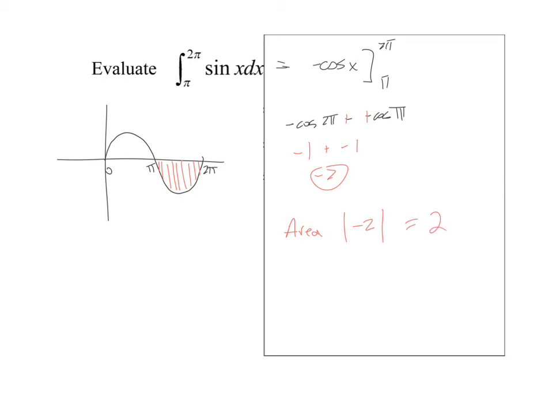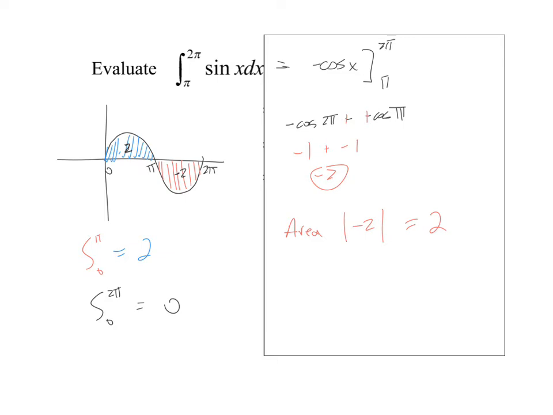So if I changed the question and said calculate it from 0 to pi, we'd now be calculating this upper area, and that one will give us 2 as well, because it's the same shape, but it's positive. If we calculated it from 0 to 2 pi with the definite integral, it would actually give us 0, because it takes the positive 2, counts this bottom one as -2, and adds them together, which gives 0.